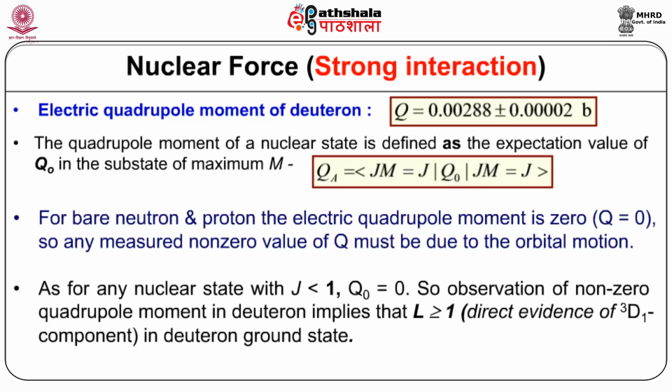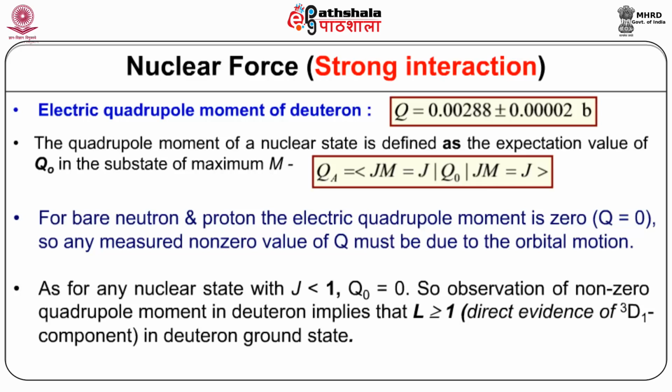For any nuclear state with J less than or equal to 1, Q_0 is equal to 0. So the observation of a non-zero quadrupole moment in deuteron implies that L is greater than or equal to 1, which is direct evidence for the 3D1 component in the deuteron ground state. In this slide, what we have learned is that experimentally deuteron is found to have a quadrupole moment, and from quantum mechanical theory we know that for any state with J less than or equal to 1, the quadrupole moment is 0.